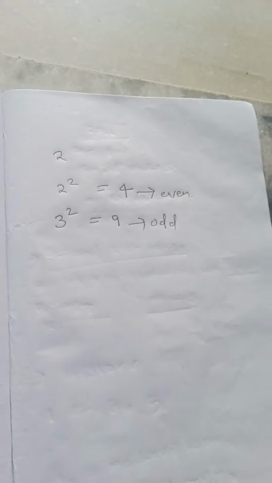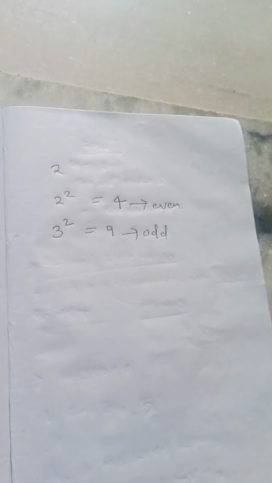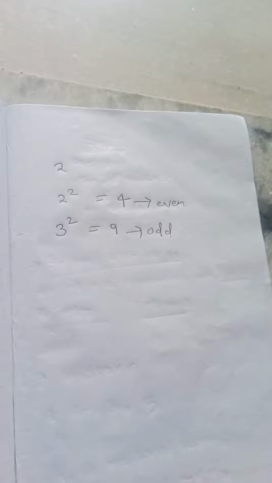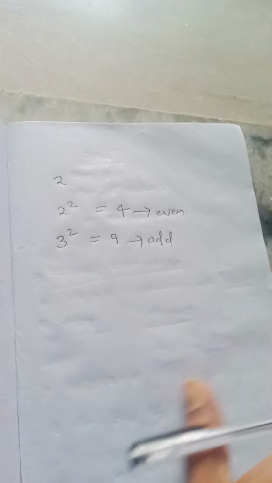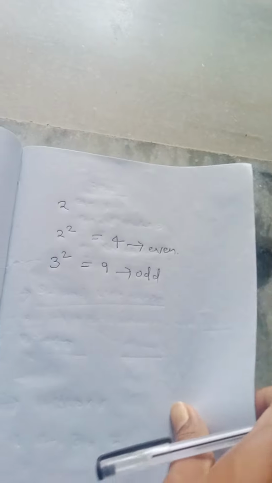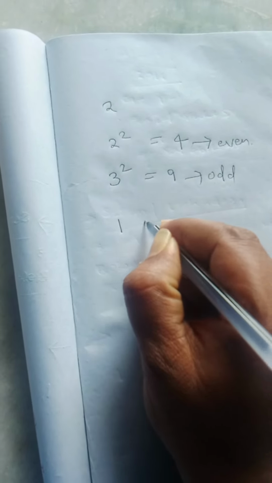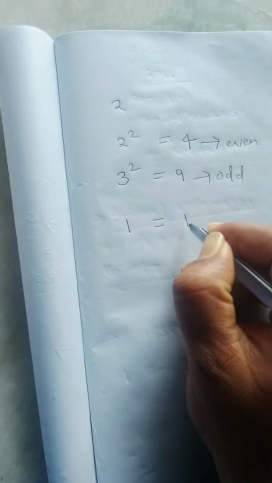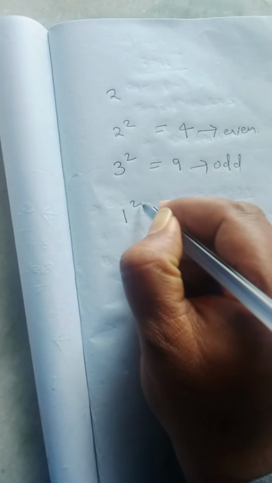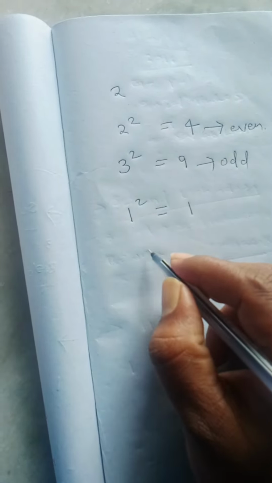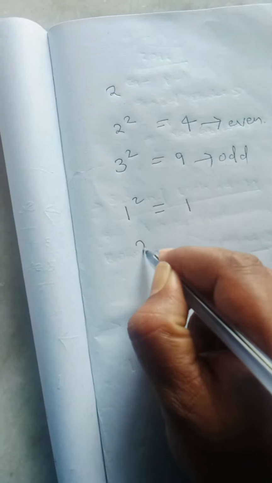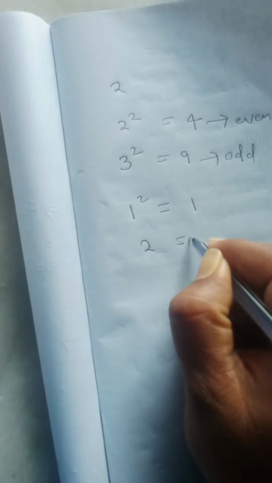The square of an integer is always greater than or equal to the integer. Take the integer 1. The square of 1 is 1. And the square of 2 is 4.